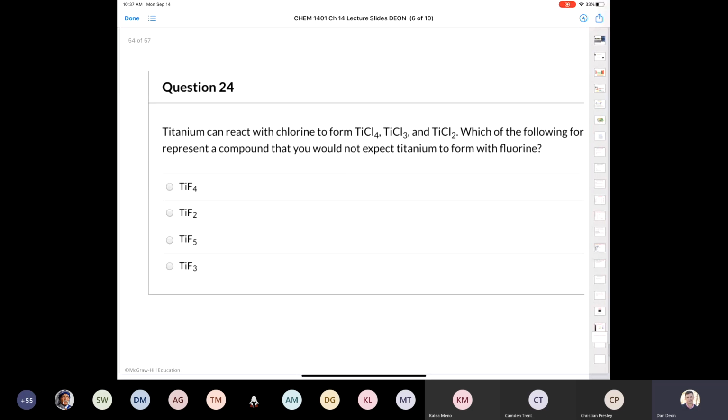Let's see here. Let's try this one. It says titanium. Ooh, titanium's a transition metal. You can do all kinds of cool stuff. You can make titanium 4 chloride, titanium 3 chloride, titanium 2 chloride. Which of the following formulas represents a compound that you would expect titanium to form with fluorine?